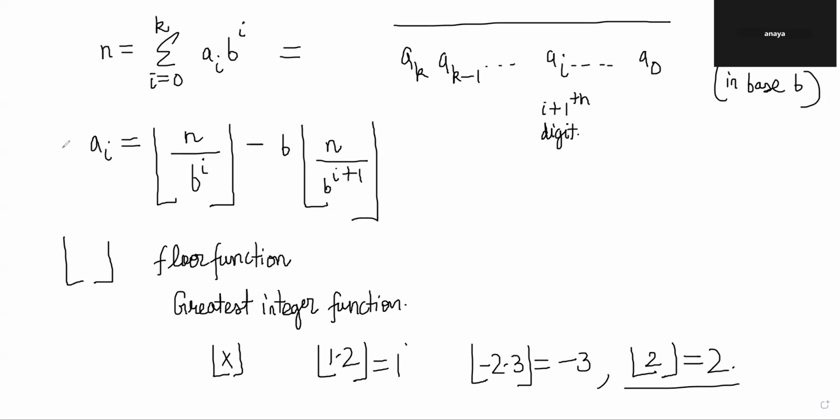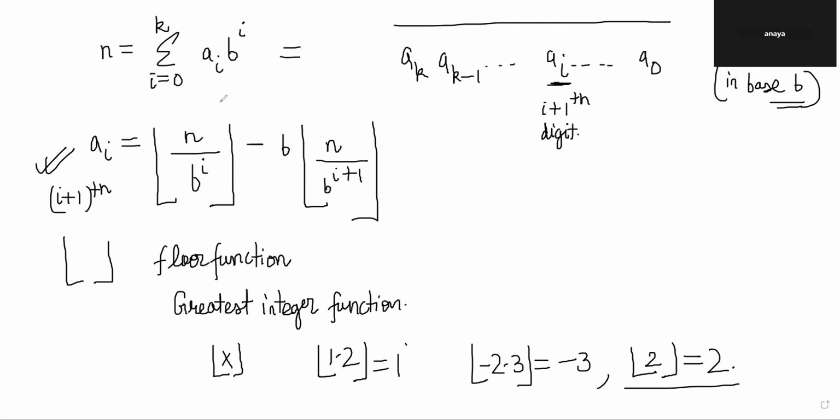So what I'm saying here, and what you should try to figure out, is that if you want any particular digit, what can I do? I can do n divided by b to the power i, the base b to the power i. I need the i plus 1th digit. It is floor of n divided by the base b^i, minus b times floor of n divided by base b^(i+1). So let's think about why that is so.